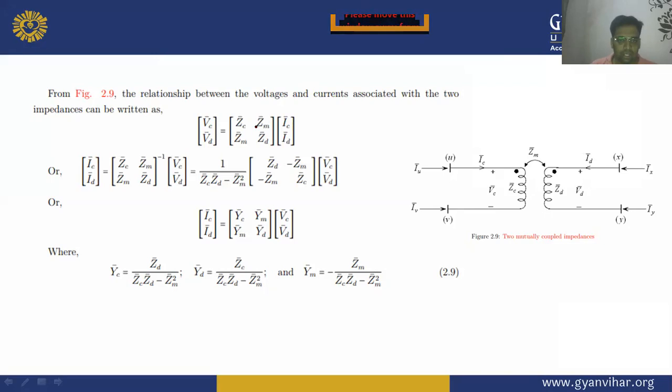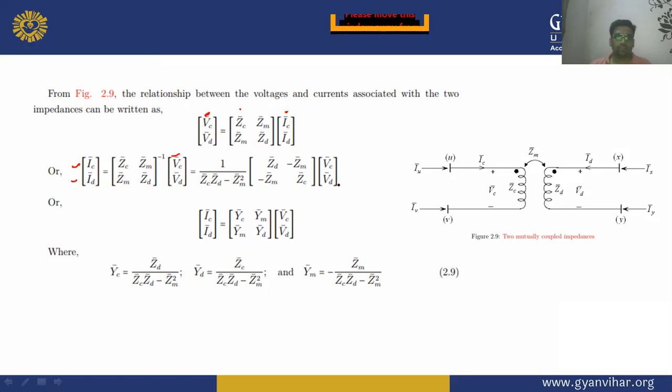We have written it in matrix form: the voltage vector, the impedance matrix and the current vector. We can take the current vector to the left-hand side and the voltage vector to the right by inverting the impedance matrix.